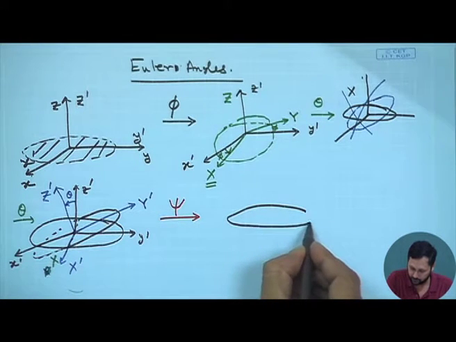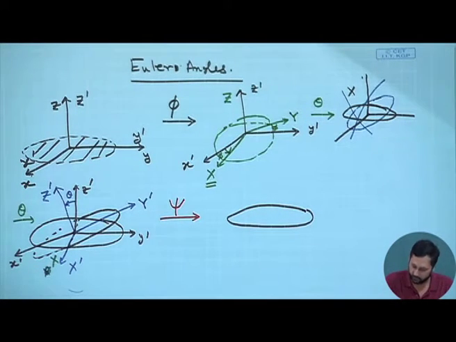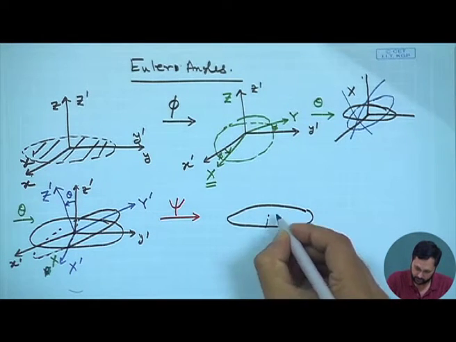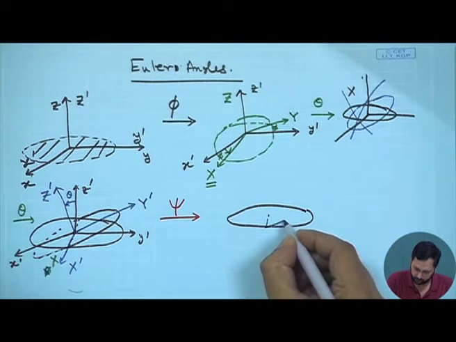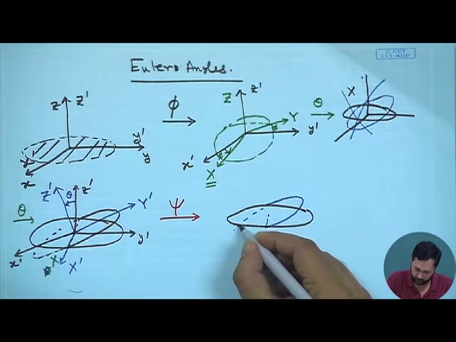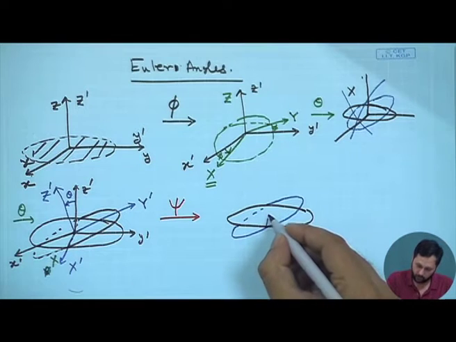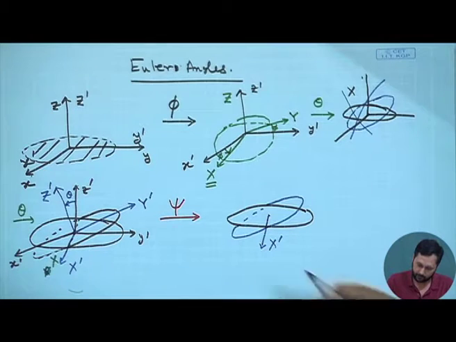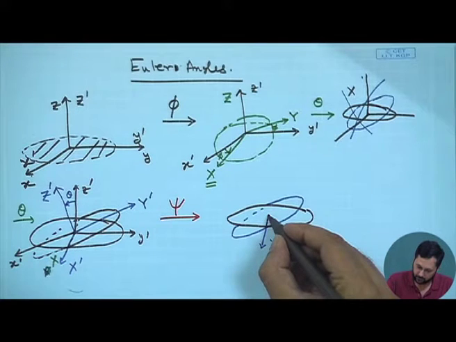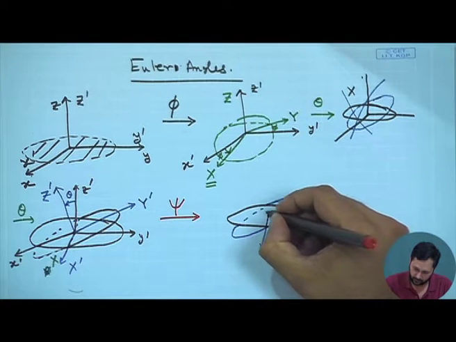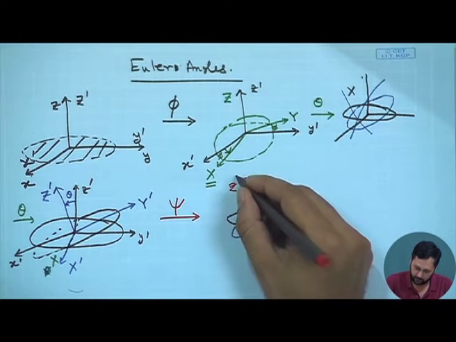So this is my initial position of the object. This is just for reference. This was my position after two rotations, capital X prime, and now I rotate it by another psi around this Z axis, which is capital Z prime.